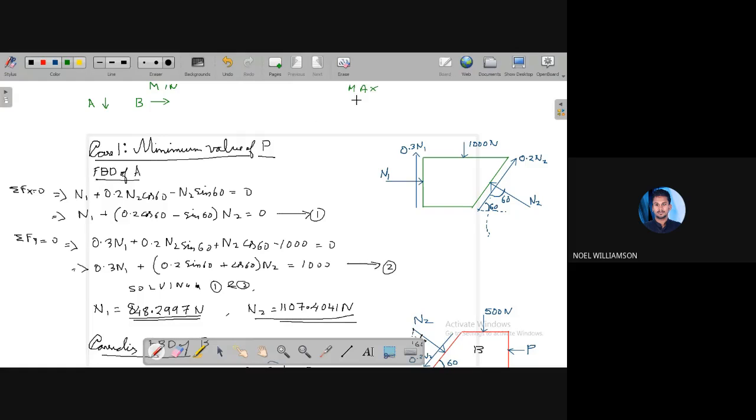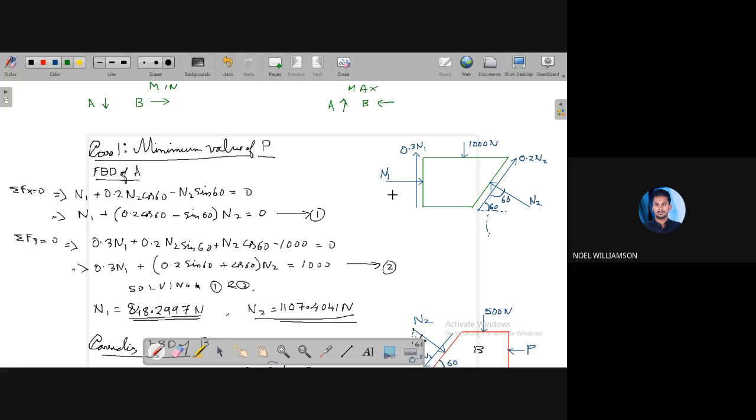Now, while considering the maximum value of P, the direction we have already discussed, that is direction of A will be towards the upward position and B is towards the left. So in that manner the free body diagram also changes.